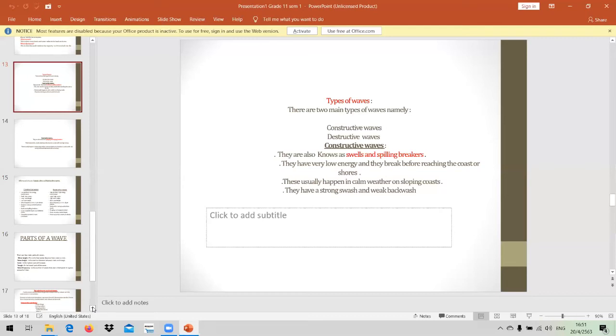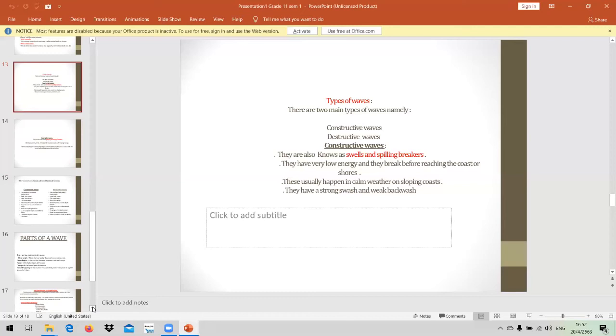Constructive waves are also known as swells and spilling breakers. They have very low energy and they break before reaching the coast. If a wave is moving, but before it reaches the coast it breaks off, then you should know that is a constructive wave.